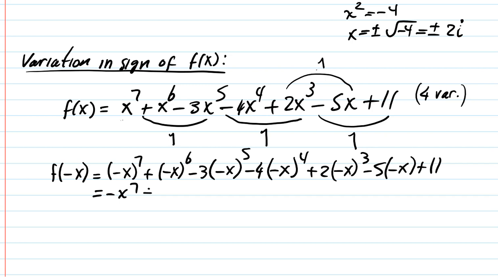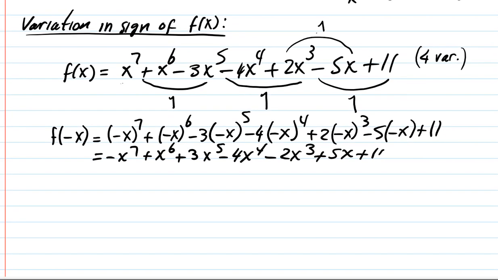Negative x to the 6th remains positive. Negative x to the 5th times negative 3 makes positive 3x to the 5th. The next one, negative x to the 4th is positive. A negative in front of 4 makes that a negative 4x to the 4th. Next one would be negative 2x cubed. Next one, positive 5x plus 11.